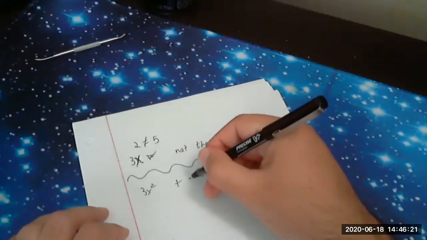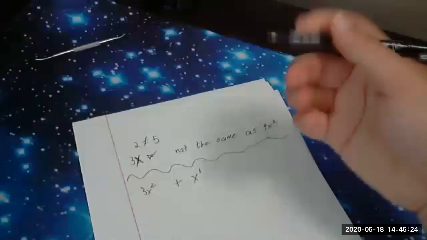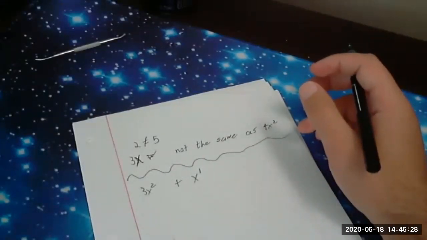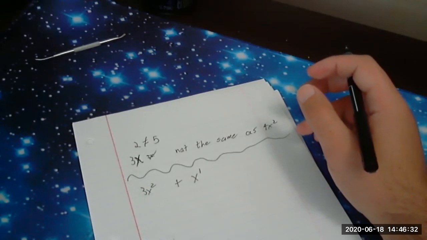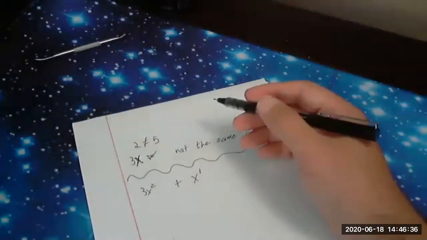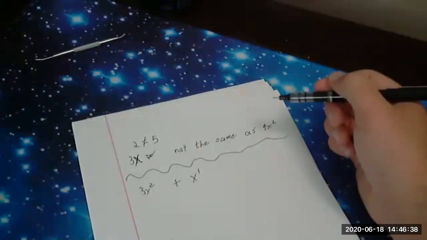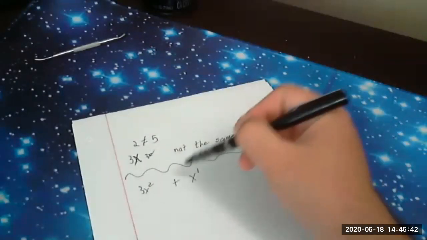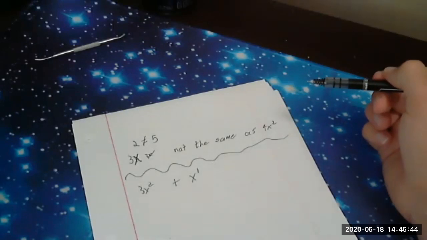So we'll do x to the first because I just want x's right now. But you're not wrong. That would have made a fine polynomial, but I am trying to keep it simpler so we don't just go crazy. And this is actually a really good example. So 3x squared plus x to the first power.